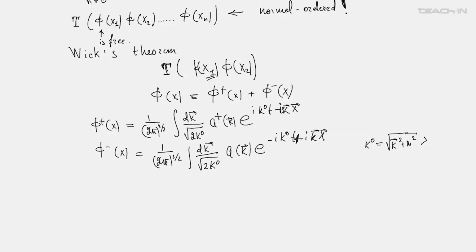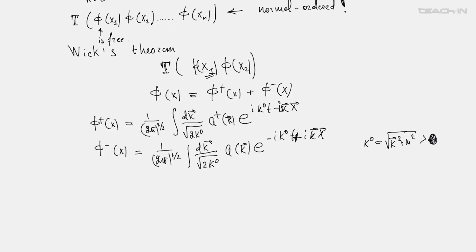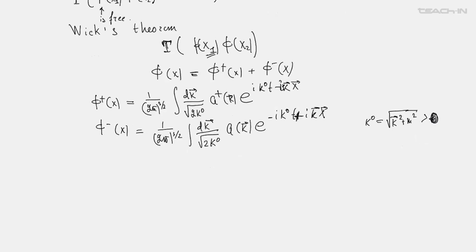Therefore, from these expressions, we see that if we act by phi minus on the vacuum state, we obtain immediately 0, right? Because this piece of the field contains the annihilation operator. And the conjugate expression is such that the vacuum is annihilated by phi plus on x.